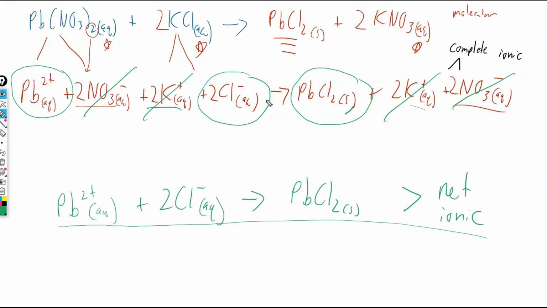Then we looked at our spectator ions. We looked at things that were the same on both sides, which was our nitrates and our potassiums. They were the same on both sides, which means they're spectating. They're not involved in the reaction, just watching it happen. So we crossed them out because they weren't involved. They were the same on both sides. And we got our final net ionic reaction.